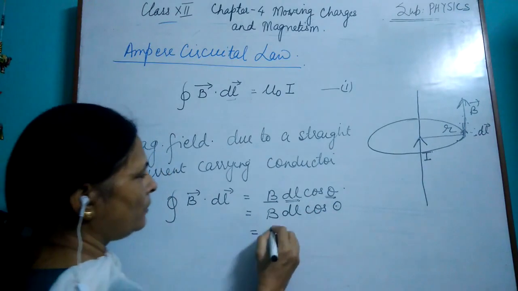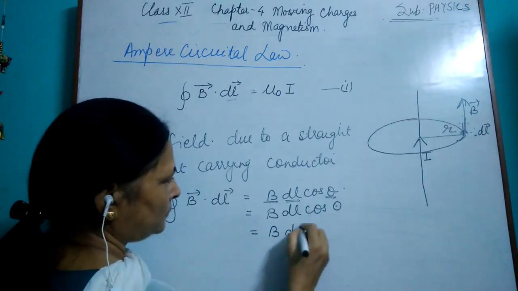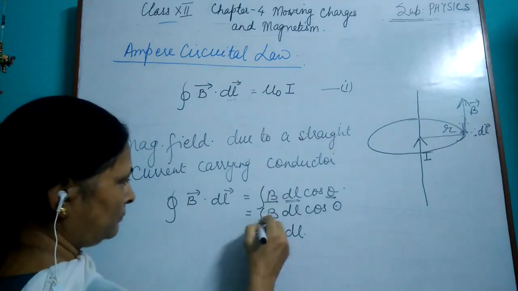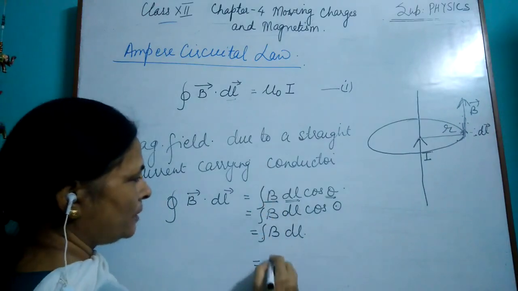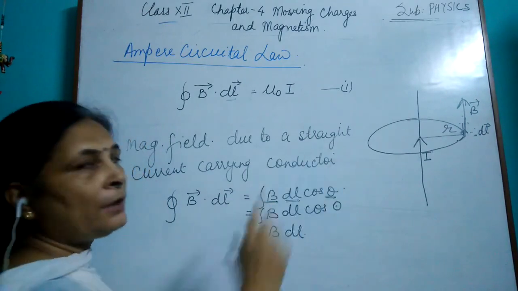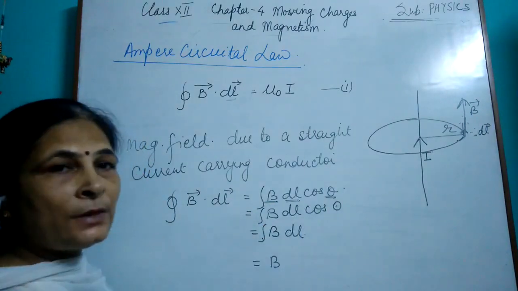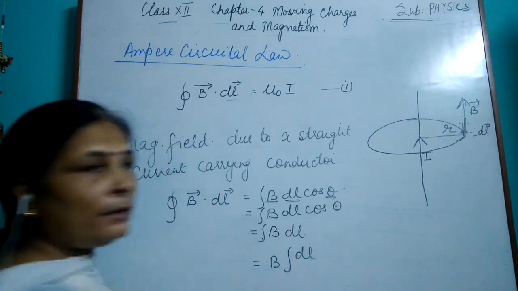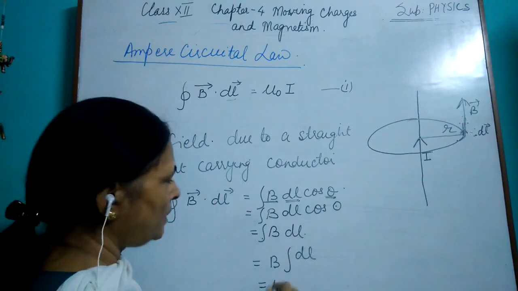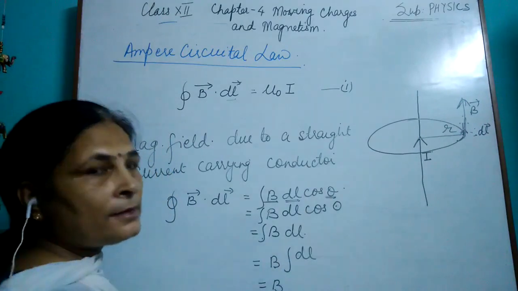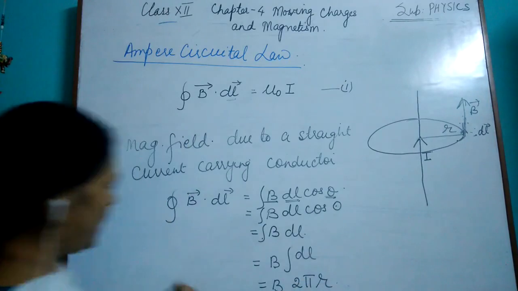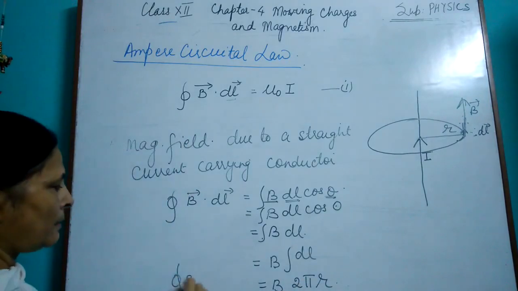This is going to give me B dl. This is going to give me B. See, B on the Amperian loop will remain constant as far as the magnitude is concerned. Integral dl, and this dl is a part of circumference. So B into 2 pi r.